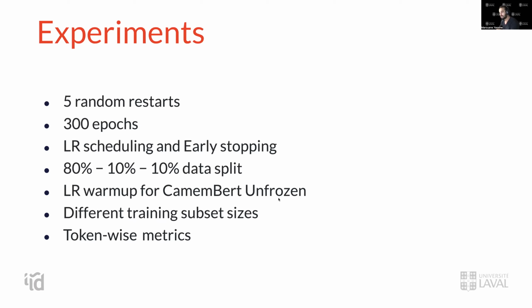For the Camembert frozen, since transformer networks tend to have a bit of instability when learning, we do a bit of learning rate warm-up as an additional experiment to see if it can enhance the stability of the model, and we'll see a little later if it does. We also try different training subset sizes. Since we have limited data, we're trying to see, especially for the pre-trained models, to what extent we need to give them data in order to have good performance.